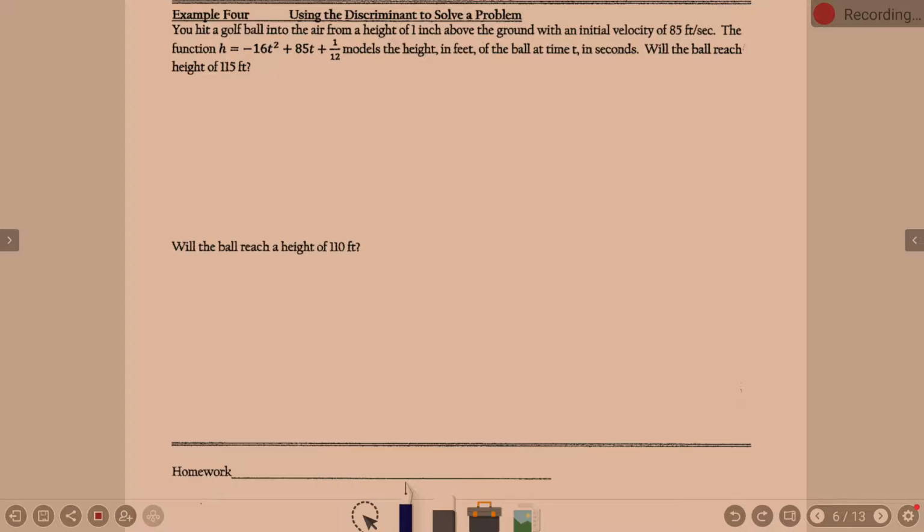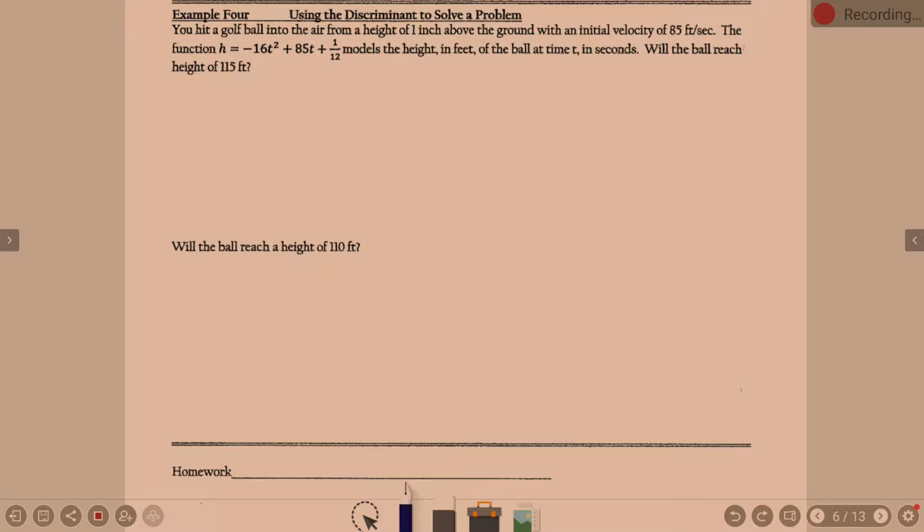The velocity of 85 feet per second is already in the equation. The starting height of 1 inch above the ground is 1/12 of a foot. So they've already taken care of that first sentence. You don't have to stress about how to use that. That's just background.